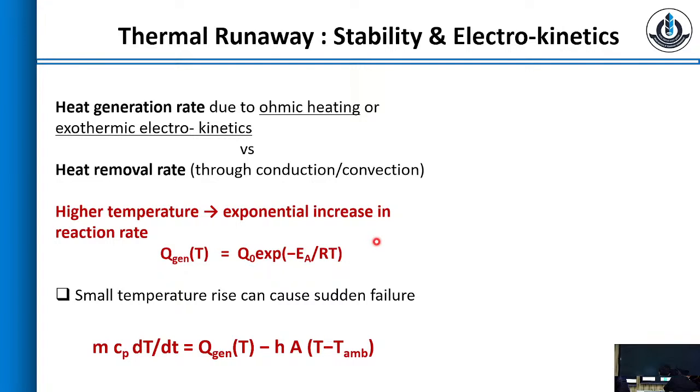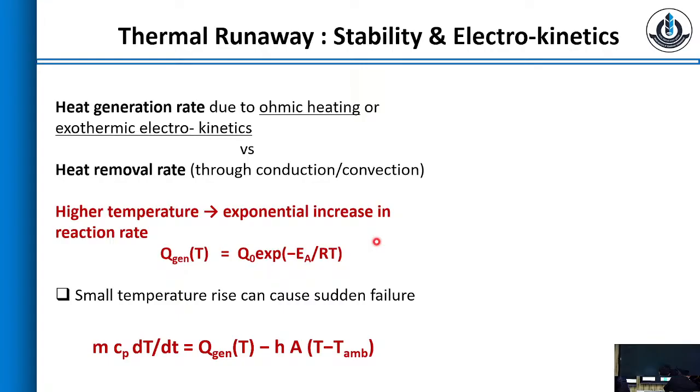The battery is exposed to some kind of cooling system, or it is present in ambient air, so there might be convective or conductive heat losses. If the heat generation rate is much faster than the heat loss, then you start to see an increase in temperature. That will ultimately lead to your battery failure.